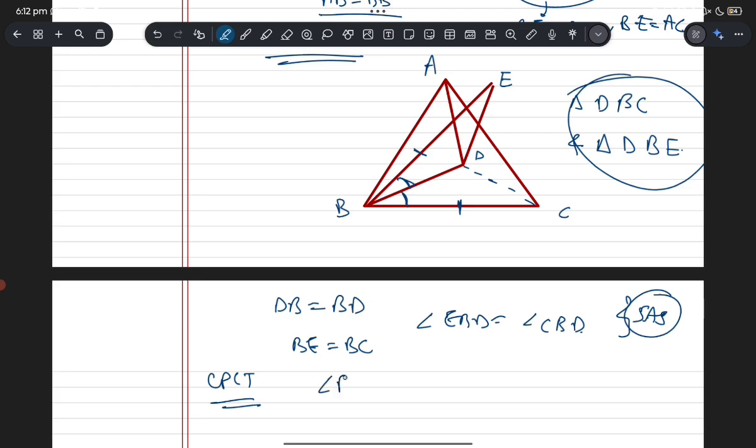Angle BED equals angle DCB. If we call this x, this will also be x. We got this, right? We'll also get DC equals to DE, right? Anything else? We'll also get BDC equal to this angle.